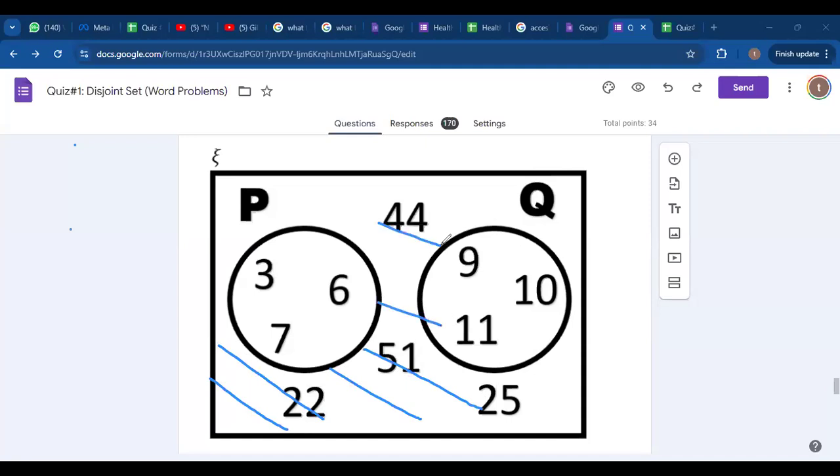So P union Q complement is just the outside. Don't include the two circles. Mr. T, it's not really hard when you understand the rules. Once you understand the rules, you're good. All right, y'all get that? Yes, sir.